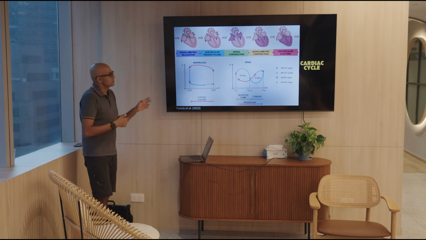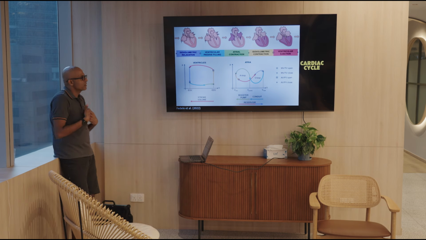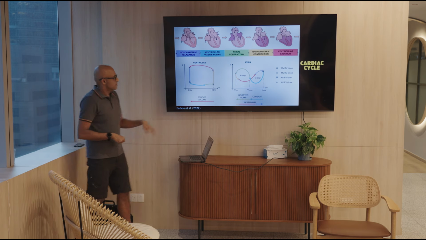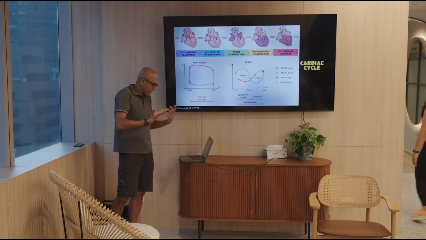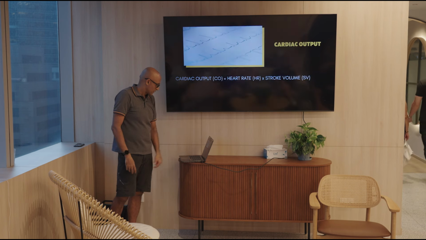So let's go to the basics. When your heart beats, there's a normal sort of pattern to it. At one point your chambers contract in one way and the blood flows out and goes all the way around and then comes back. So this is the normal way that the heart pumps and beats.